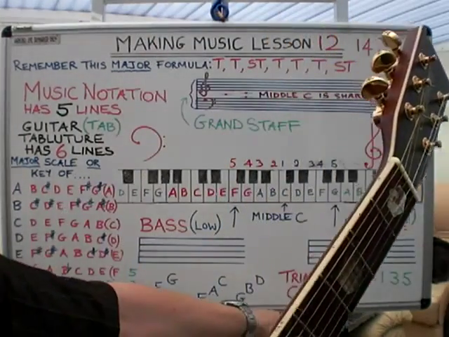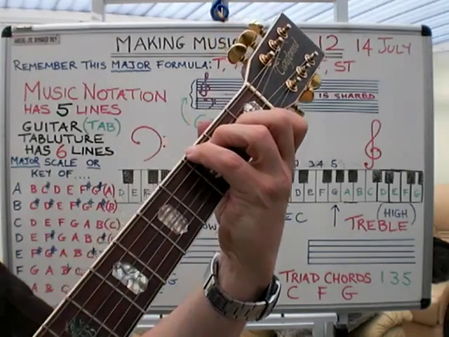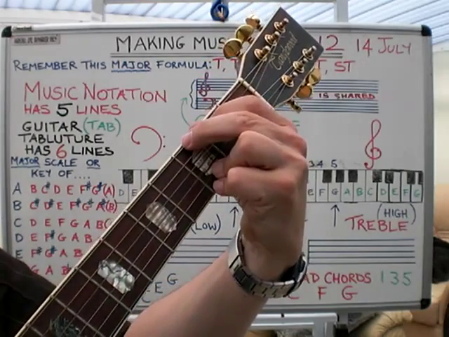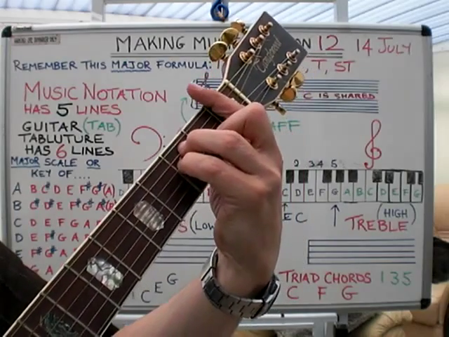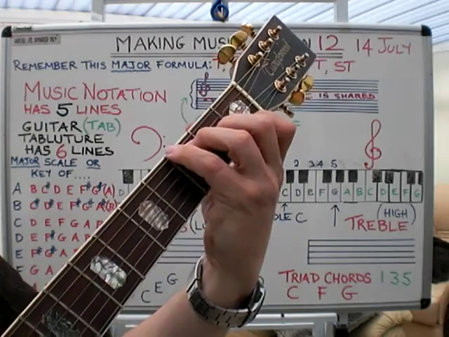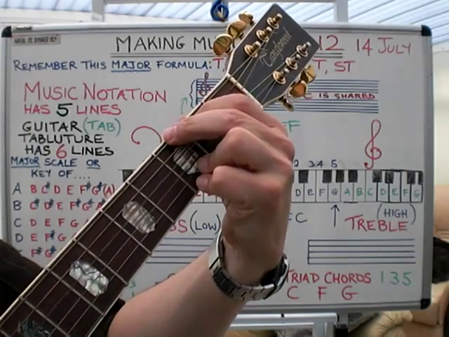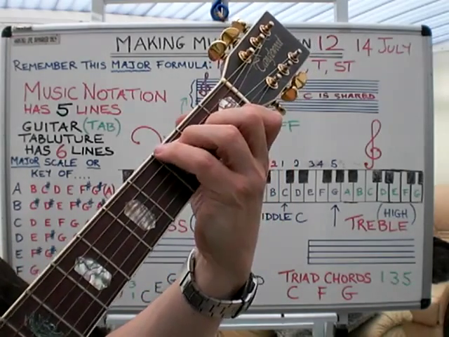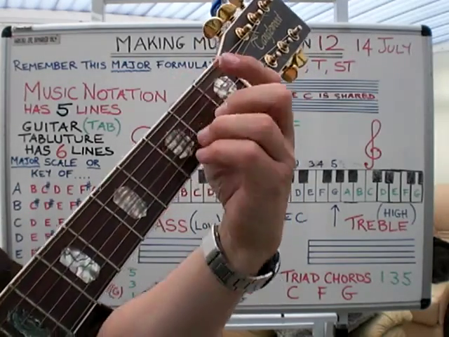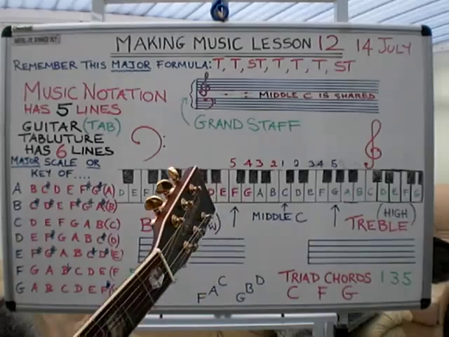So basically we want to play C chord, F chord, G chord. And when you get your guitar, just play C, then play an F, and play G. Maybe go back to an F, C, G, C, finishing on C. Just practice that.